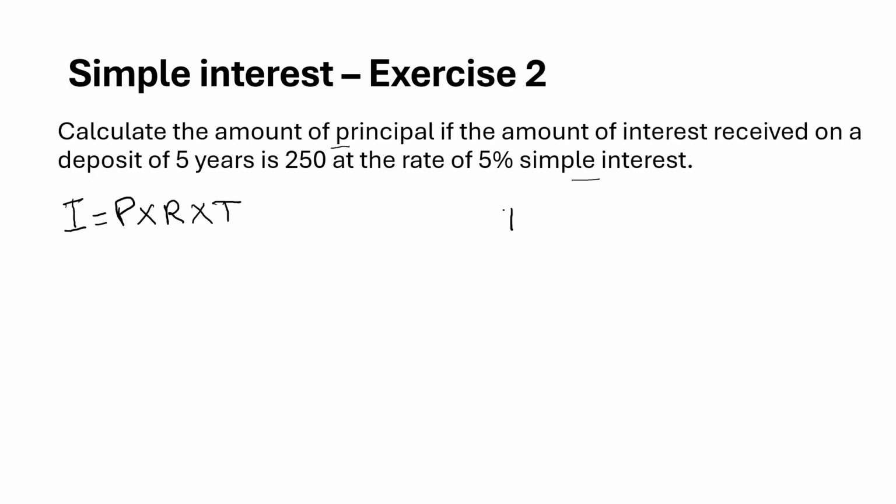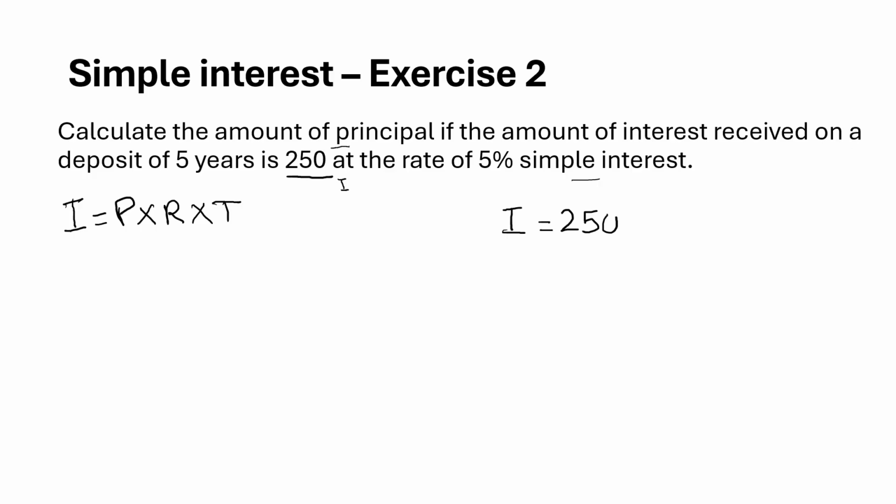What is my I? I is the amount of interest. So here you can see the amount of interest received on deposit of 5 years is 250. This is my I. So my I is 250.